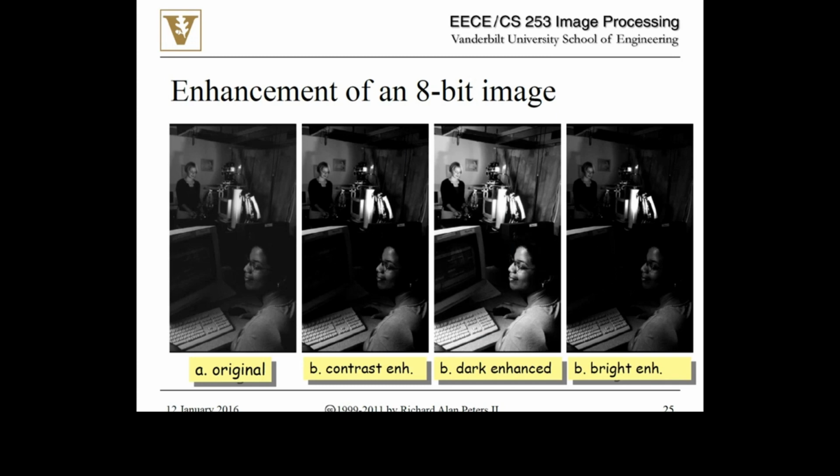Okay, so now let us see a few operations that we already know with 8-bit images. Let's say that we have this image, and it has very dark areas and also very bright areas.